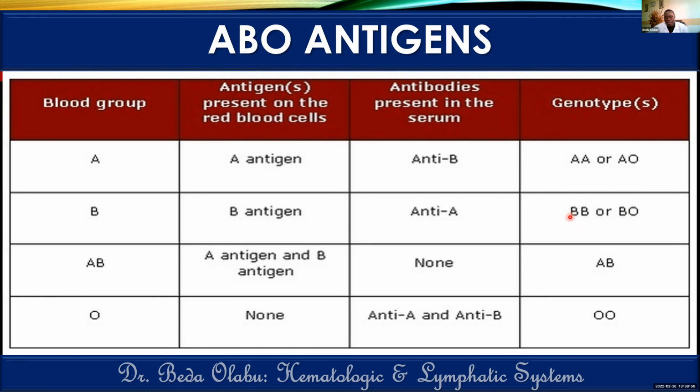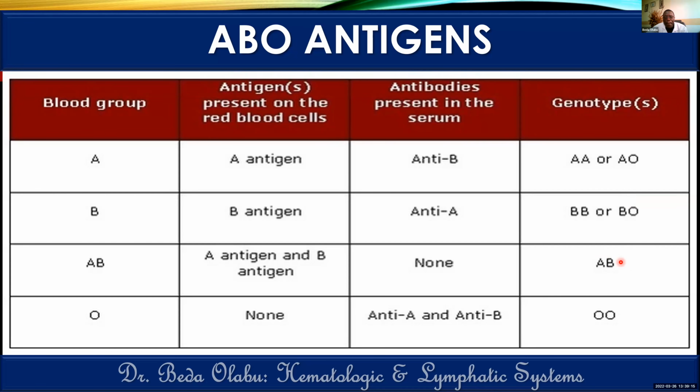Similarly, if you're blood group B, maybe you are homozygous B, which means both parents gave you that trait, or you are heterozygous B, which means you only obtained it from one of your parents. Your other parent didn't have that one, you didn't inherit that one.